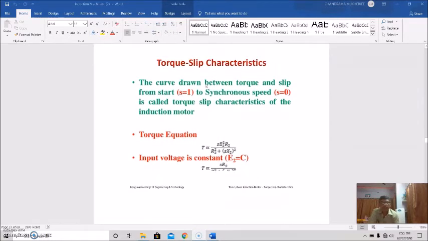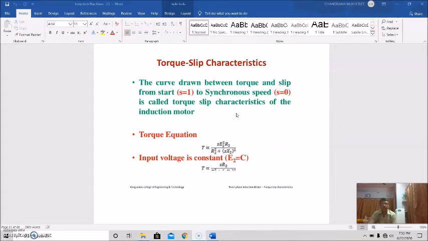Torque slip characteristics means a graphical representation, or a curve drawn, between the torque and the slip. The value of the slip lies between 0 and 1, as slip is nothing but the difference between the synchronous speed and the rotor speed, with respect to the synchronous speed, so its value can never exceed 1.